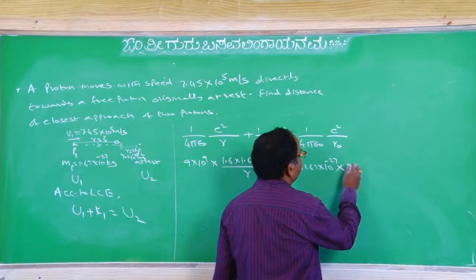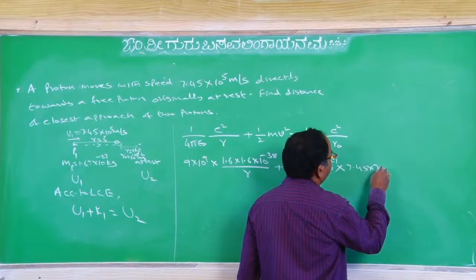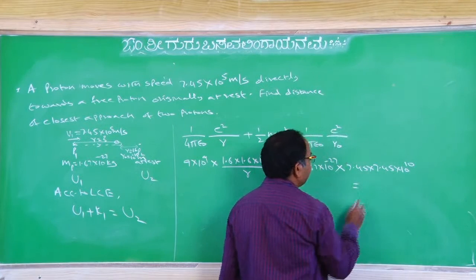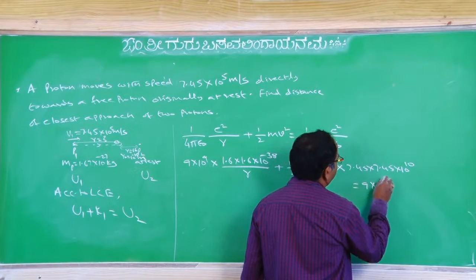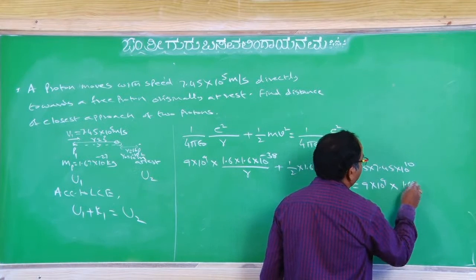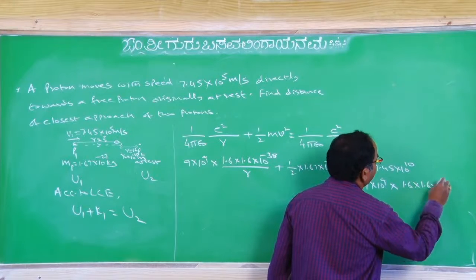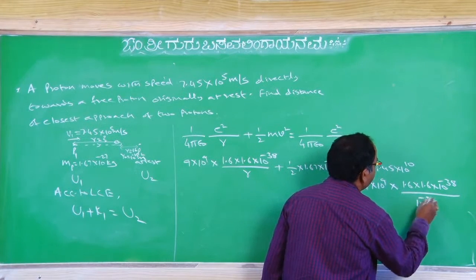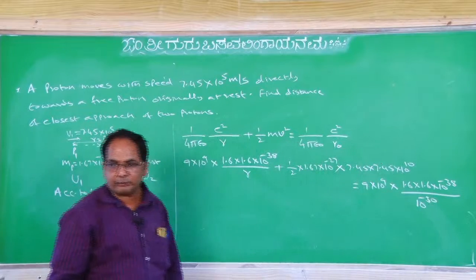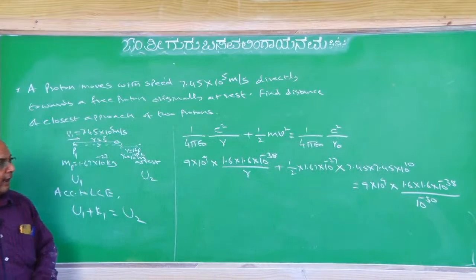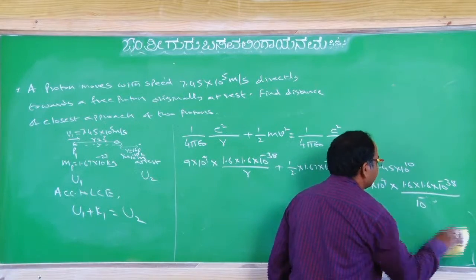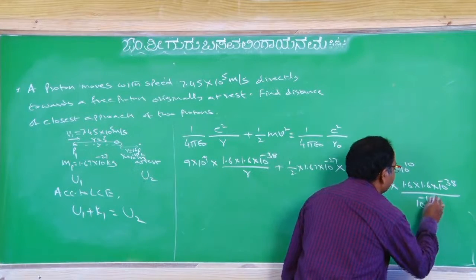How much? 7.45 into 7.45 into 10 to the power of 10, is equal to 9 into 10 to the power of 9 into e square, 1.6 into 1.6 into 10 to the power of minus 38, by R0, which is 10 to the power of minus 15, not minus 30.